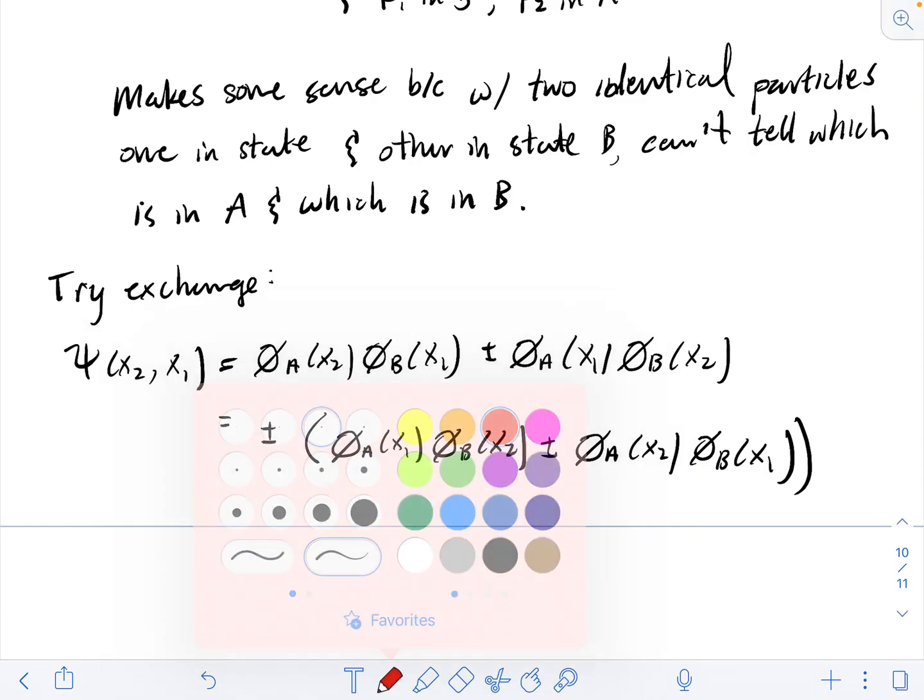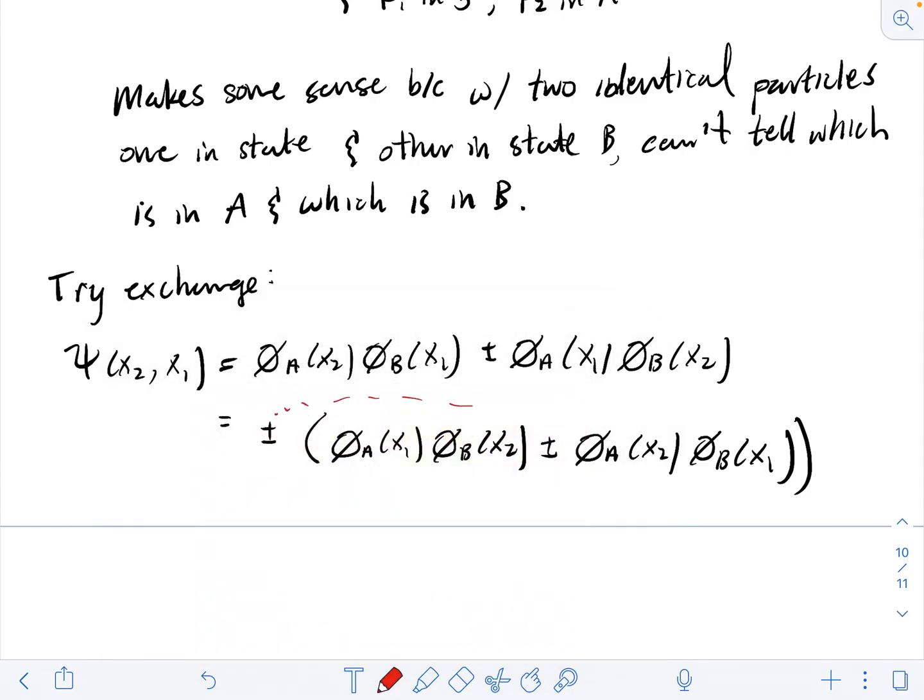And that makes sense because if I take the plus sign, I'd get plus times plus, which is plus, and if I take the minus sign, I would get negative times negative, which is also plus, so that's okay.